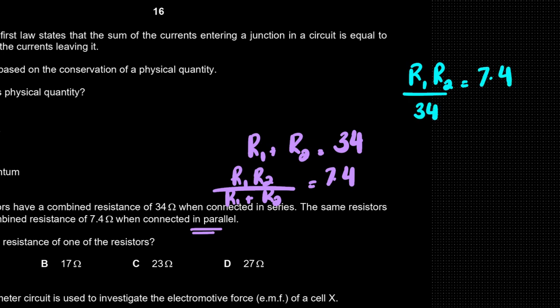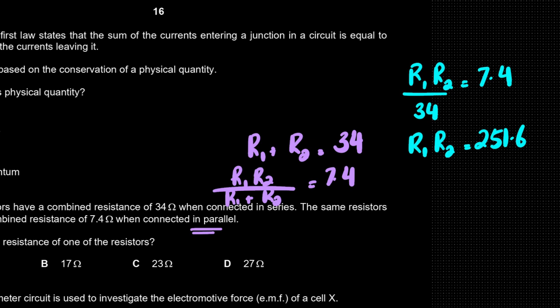So from this I can say that R1 R2 is 34 times 7.4, which is 251.6.